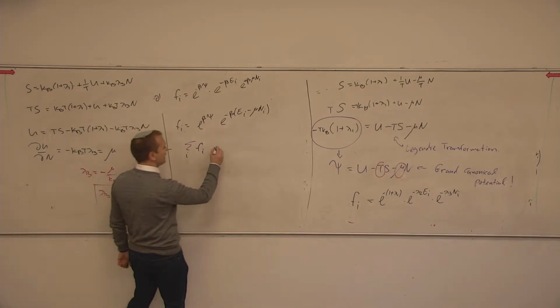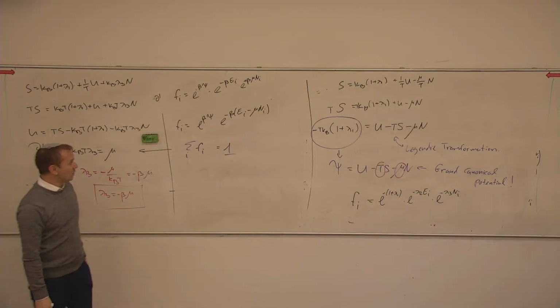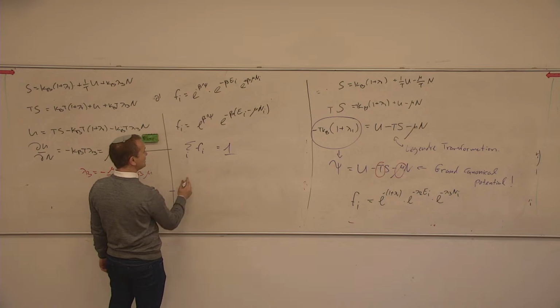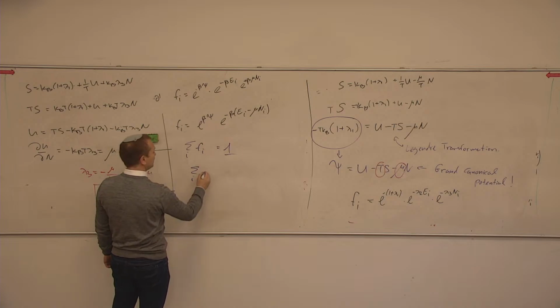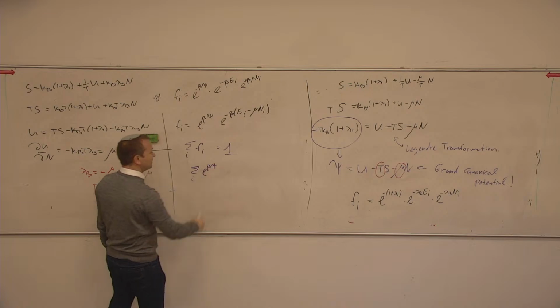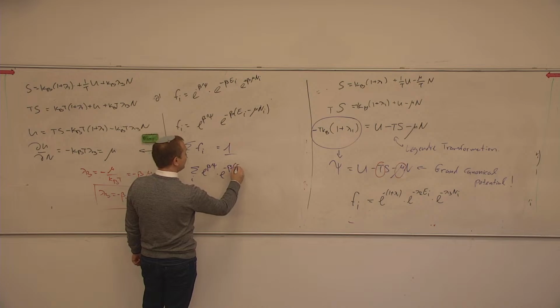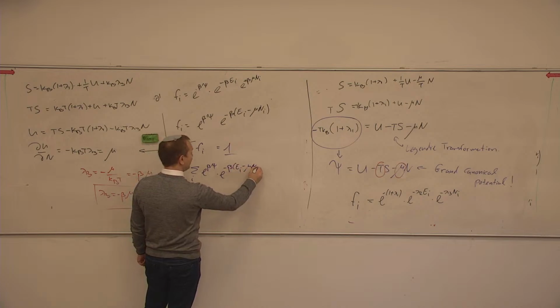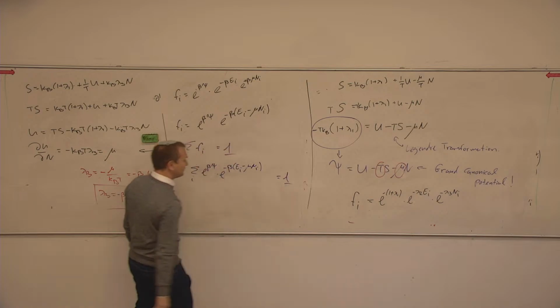And I know that this has to be equal to 1. So we do the following trick. A sum over i, let's substitute this over here: e to the power beta psi multiplied by e to the power minus beta (Ei minus mu Ni). All of this equals 1.